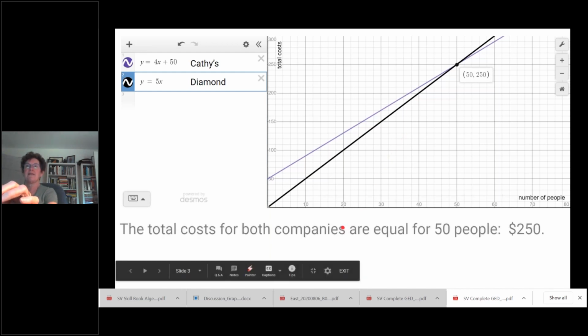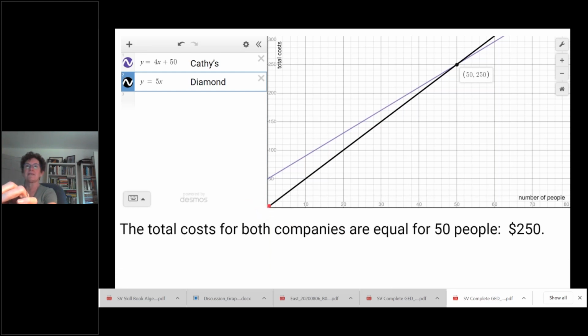So in this system of equations, which is these 2 equations, I'm looking for this critical point right here. And it's so important that Desmos will show you right away, here's this point where these 2 lines intersect. And that means that this point is exactly the same for both equations.